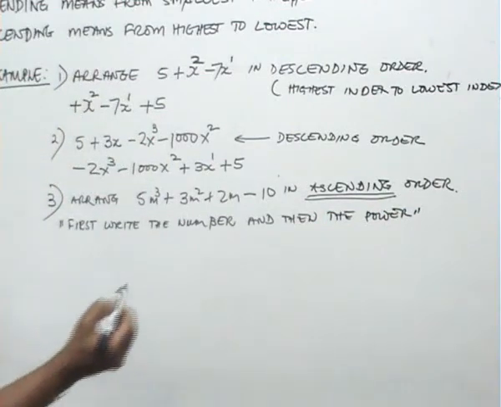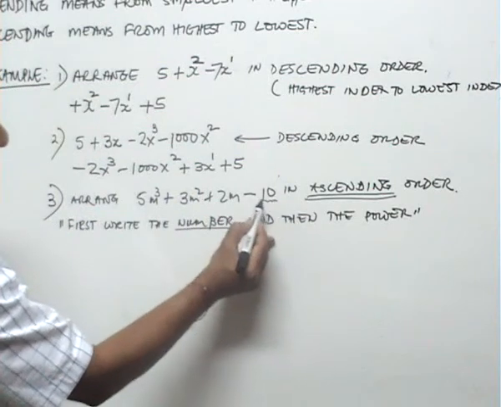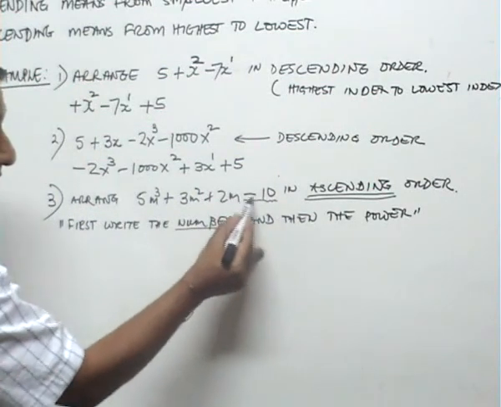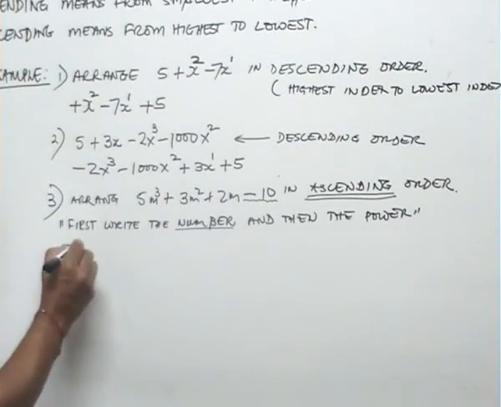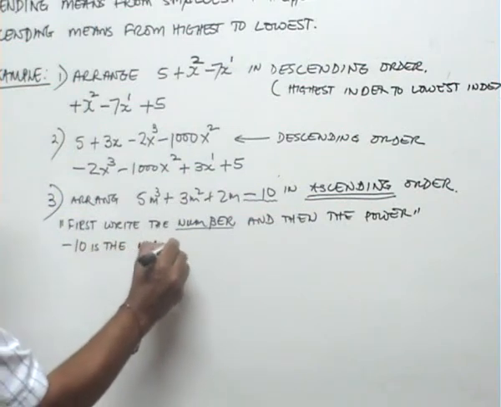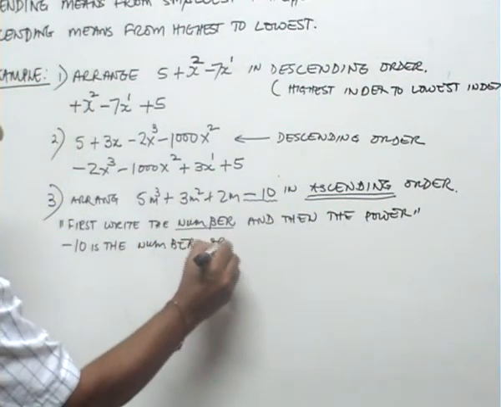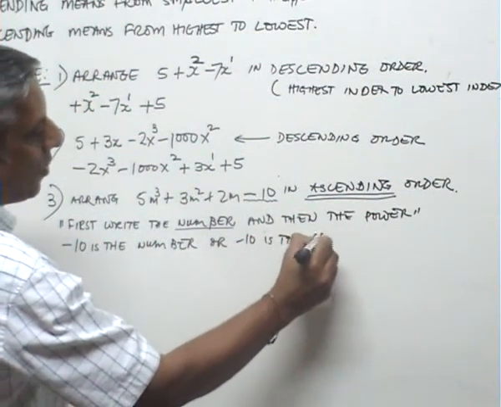Now you see another name for this number here. I'm saying number. The number here is minus 10. Another name for this minus 10 is constant. So minus 10 is the number, or minus 10 is the constant.